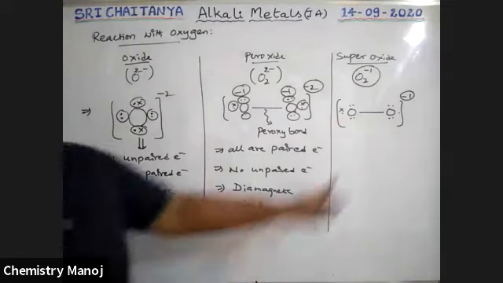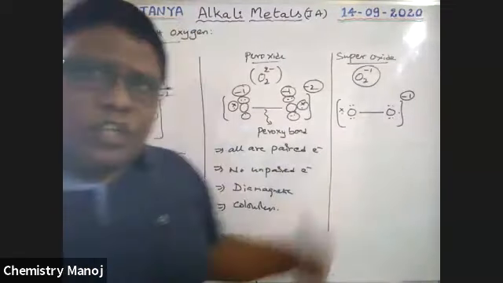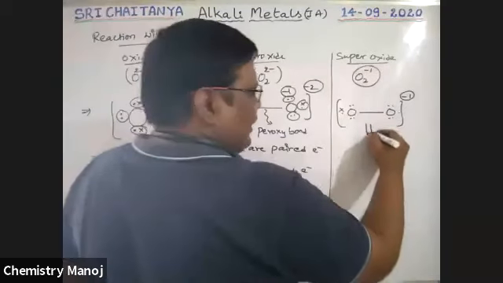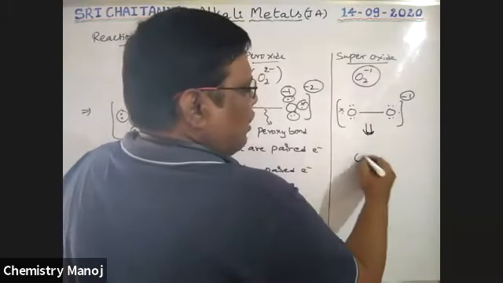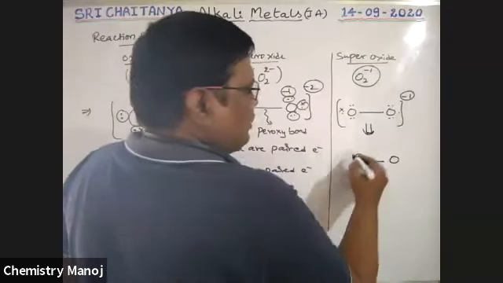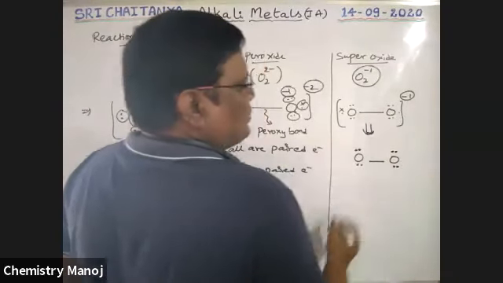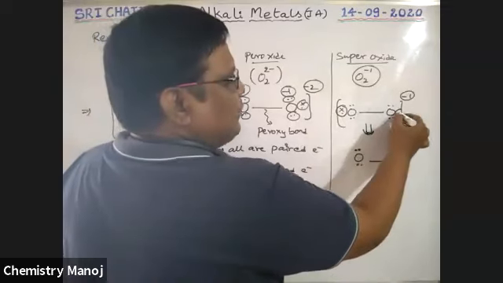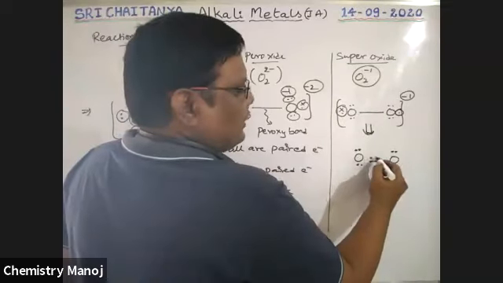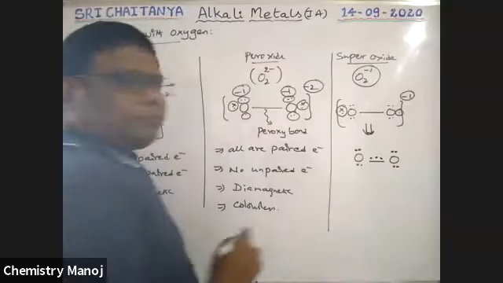Sometimes it is in resonance like this, and we can also rewrite it as oxygen with a single bond. These are the 2 pairs of electrons. This pair and this unpaired electron combination gives a 3-electron bond.